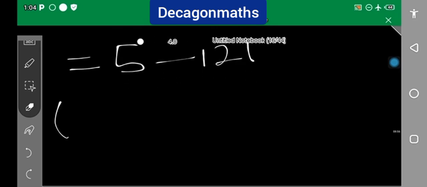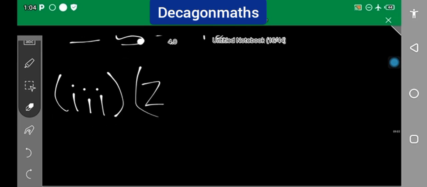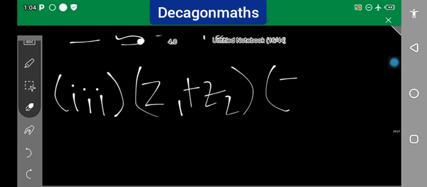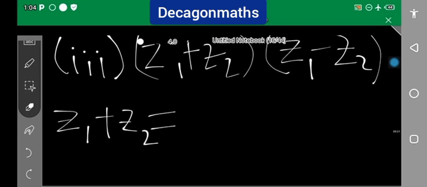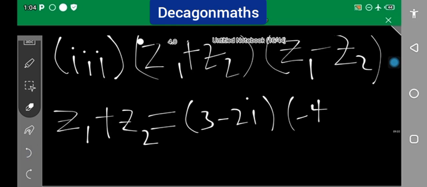And then the last one, which is III, we have to evaluate Z1 plus Z2 multiplied by Z1 minus Z2. Alright, now let's break this down. Let's first calculate Z1 plus Z2. That means 3 minus 2i plus minus 4 plus 5i.